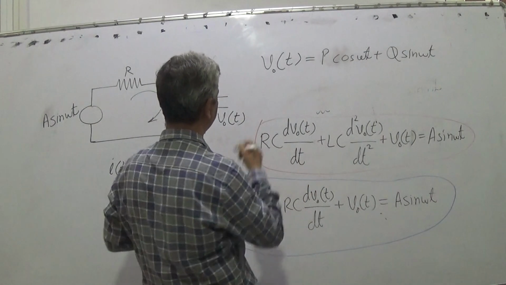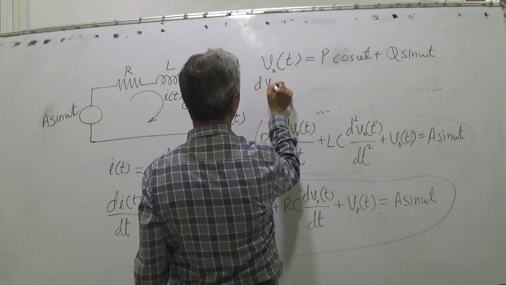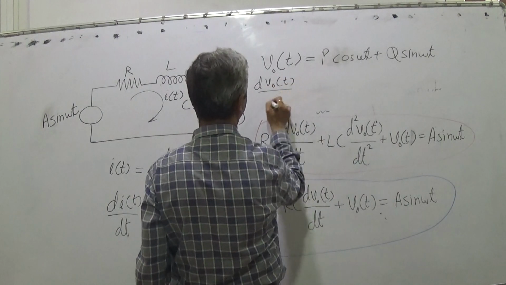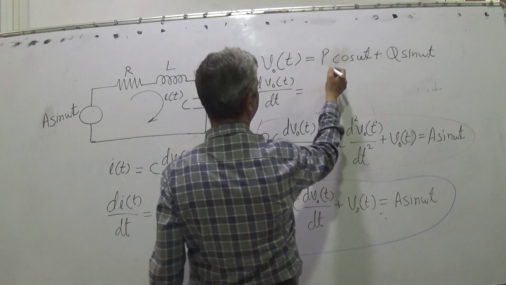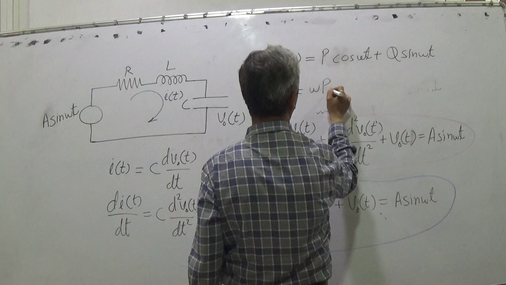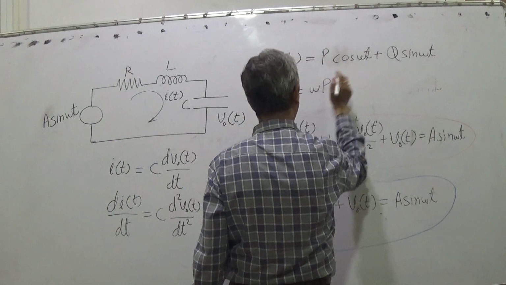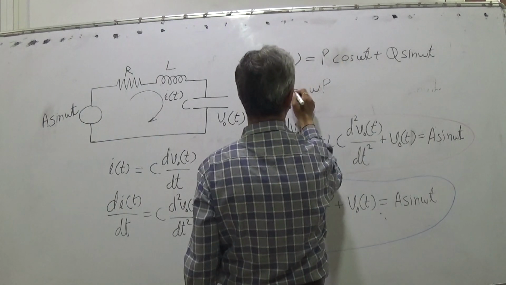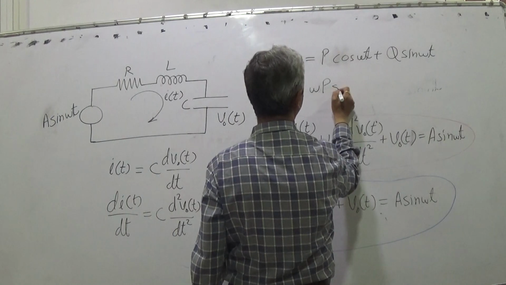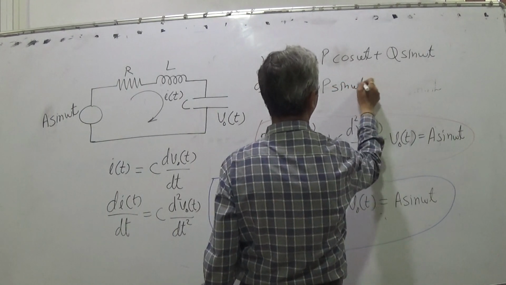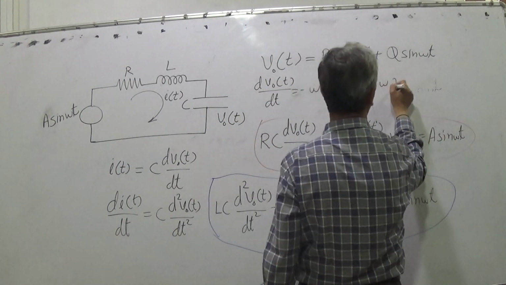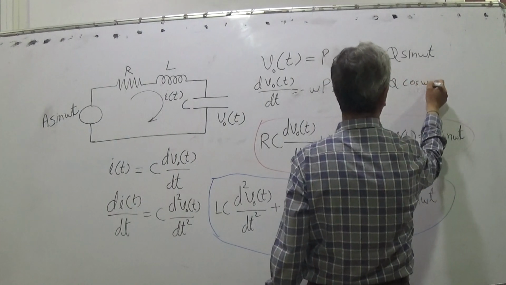So you can differentiate: dVo(t) by dt equals minus omega P sin omega t plus omega Q cos omega t.